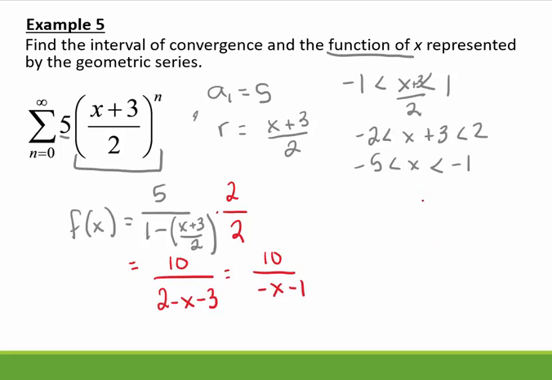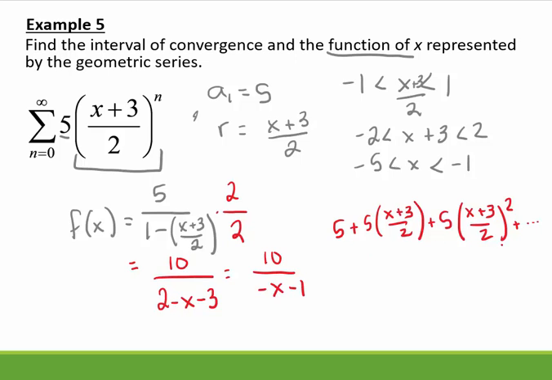So this is my thought to you: if you were to write out that series, it would be 5 plus 5 times (x plus 3)/2 plus 5 times ((x plus 3)/2) squared, plus so on.